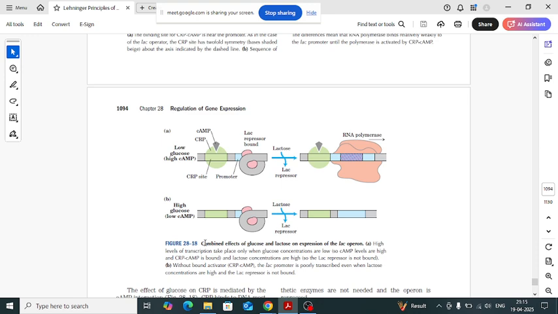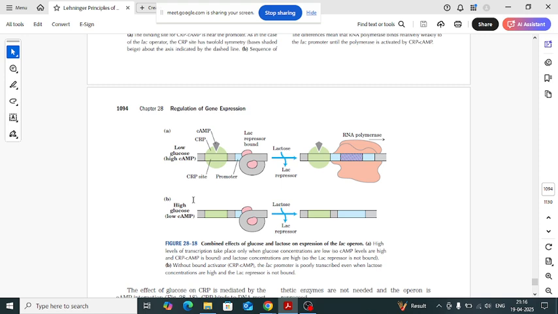But when the glucose level is high, glucagon will not be secreted. So in that case, the cyclic AMP level will be low, because the G protein will not be activated, and then the adenylyl cyclase will not be activated.